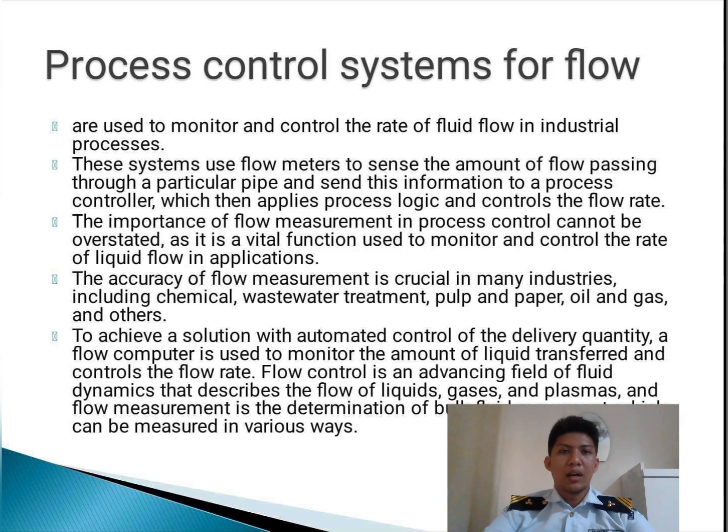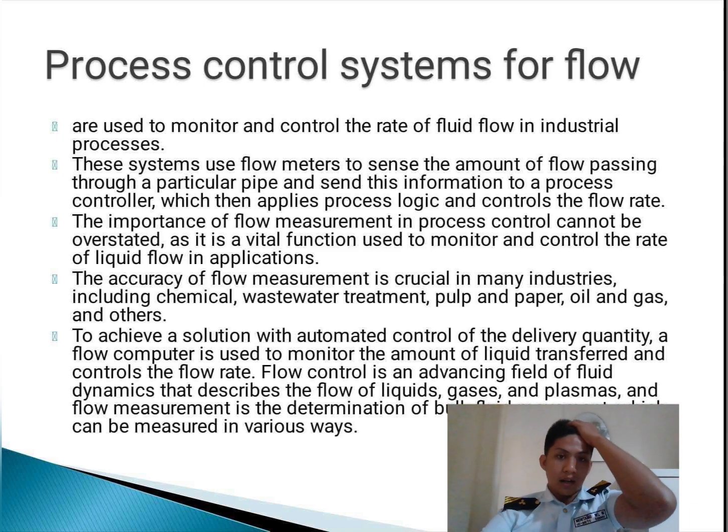Like for us marine people, we have the auxiliary machineries like the ballasting, the tank, water treatment plant, oily water separator. Some of it also uses measurement of flow. And to achieve a solution with an automated controller for the delivery quantity, a flow computer is used to monitor the amount of liquid transferred and controls the flow rate.